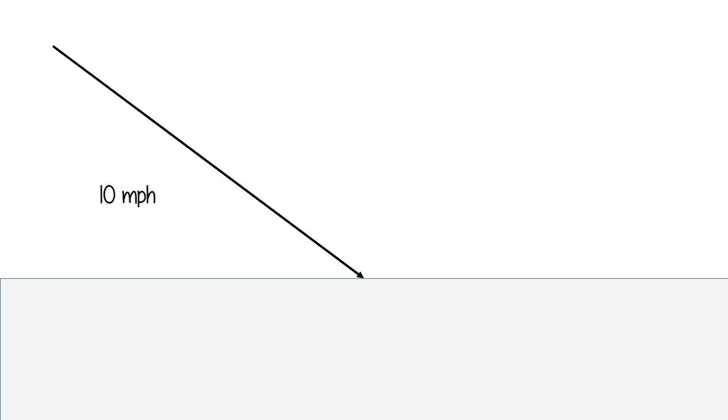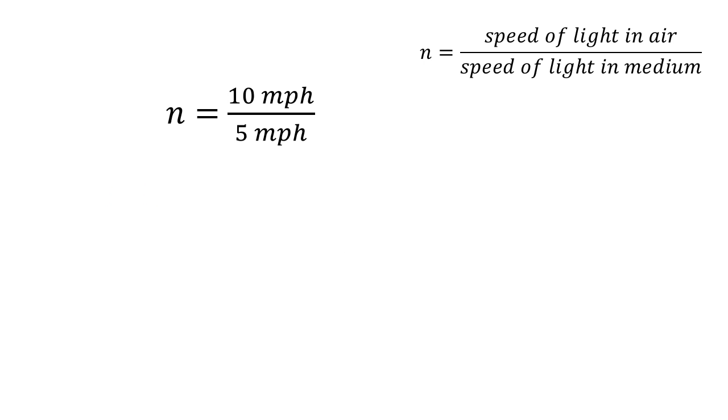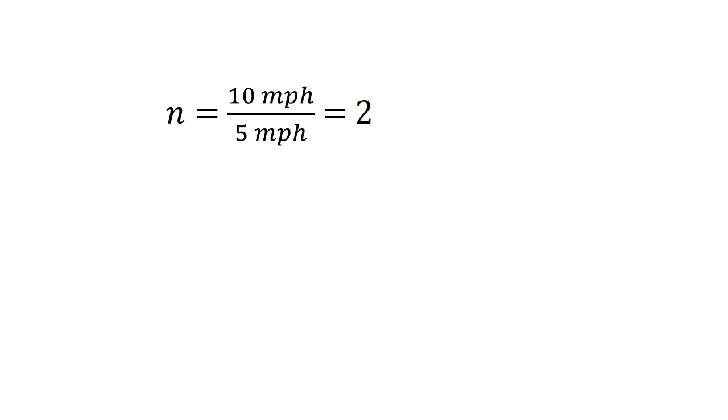Let's just say that light traveling through air travels at 10 miles an hour, and then it hits a second substance, a transparent medium, and through that second medium, it travels at 5 miles an hour. What's the refractive index of the second medium? Well, according to our formula, we would take the speed of light in air, divide it by the speed of light in that second medium, and we would come out with our refractive index for that medium. That medium, of course, would have a refractive index of 2.